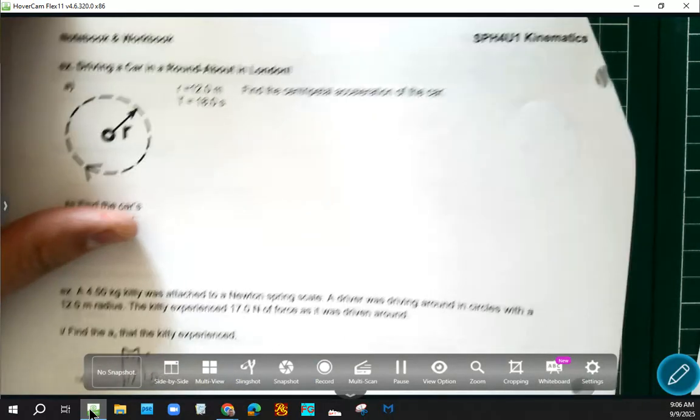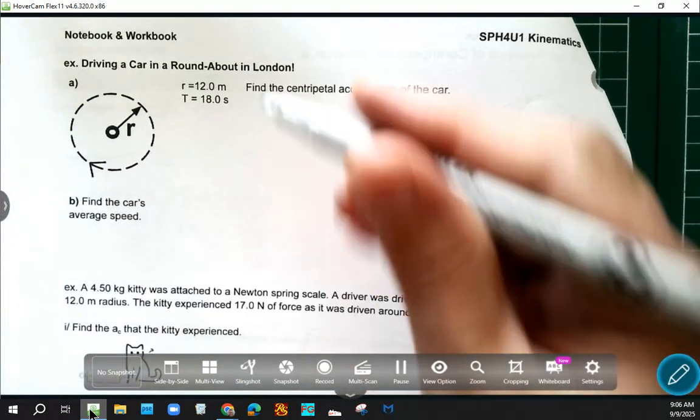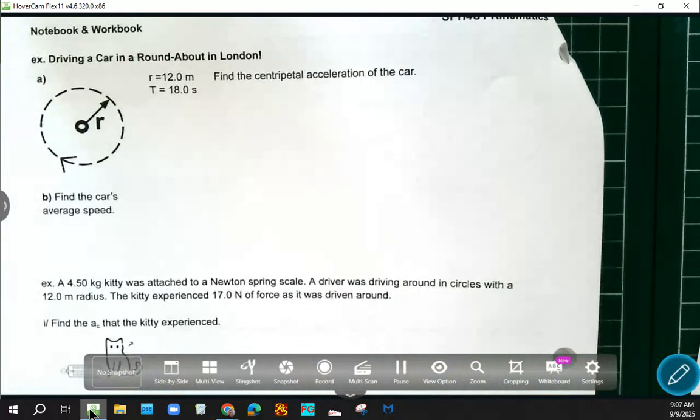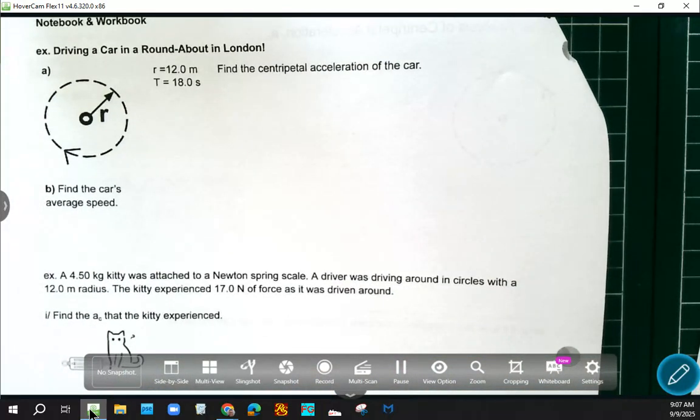All right, so we've got driving a car around in a roundabout in London, and I happen to have gone to London this past summer, rented a car because I drove basically the perimeter of England and up to Scotland and back again. Skipped over Wales. Sorry for the Welsh people.